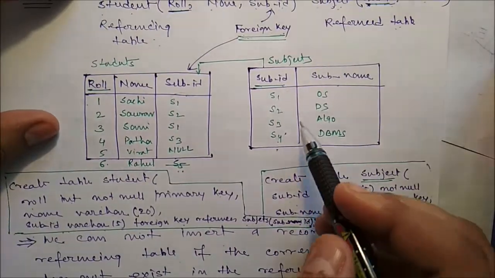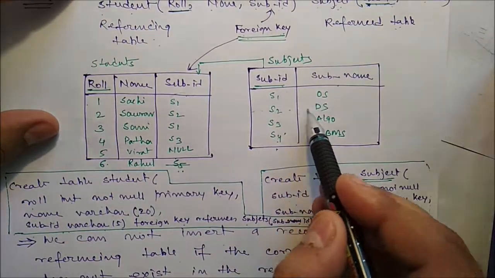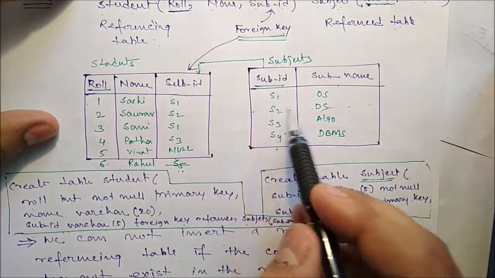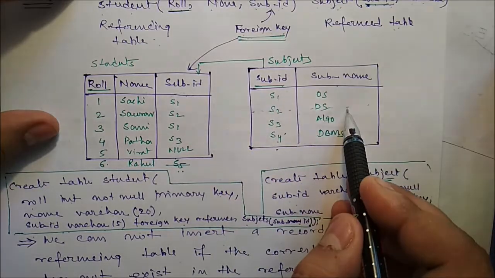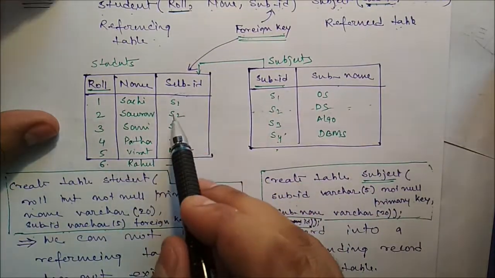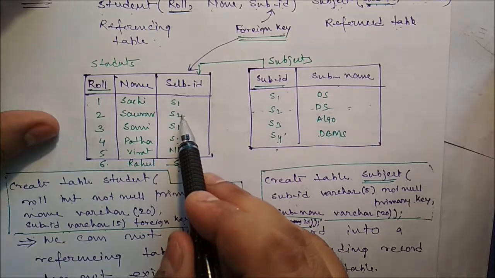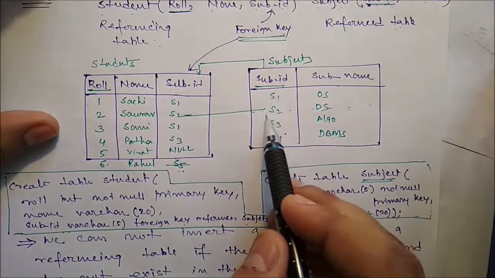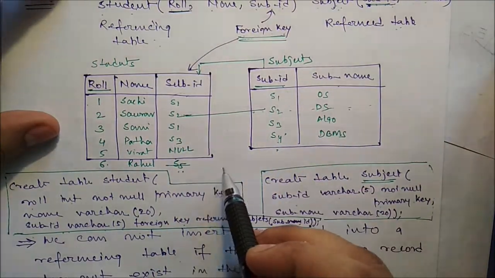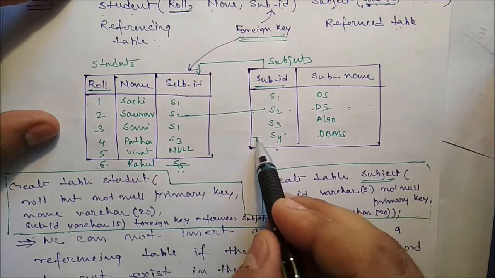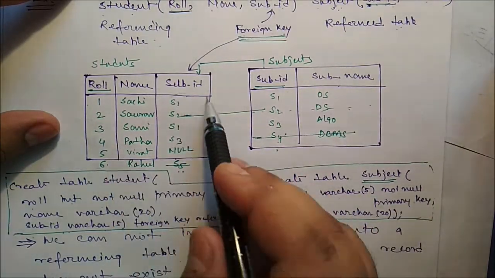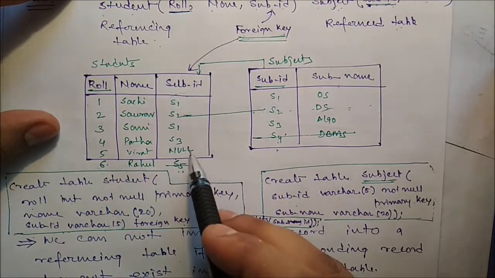Suppose we want to delete S2, we cannot delete it easily, because the referencing student table is referencing this S2. But we can delete S4 easily because no student has registered for this subject S4.